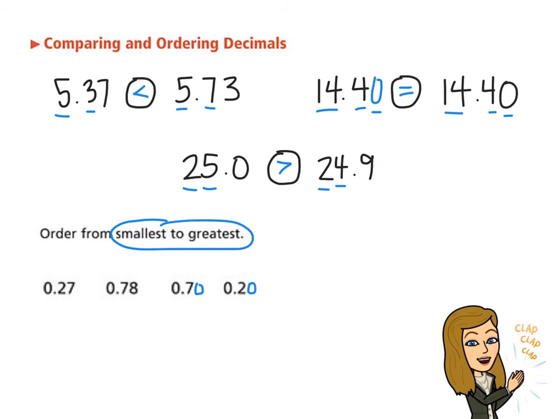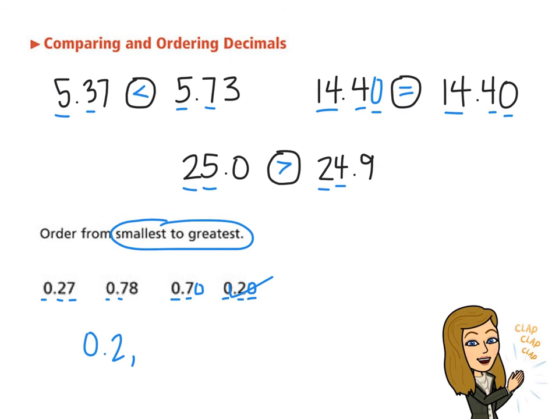So comparing at first, there's no whole numbers. They all have 0 out front. Next, I see a 2, which is definitely smaller than a 7. So then when I look at the next one, a 7 versus a 0. 0 is smaller, so that means 2/10 was the smallest decimal.